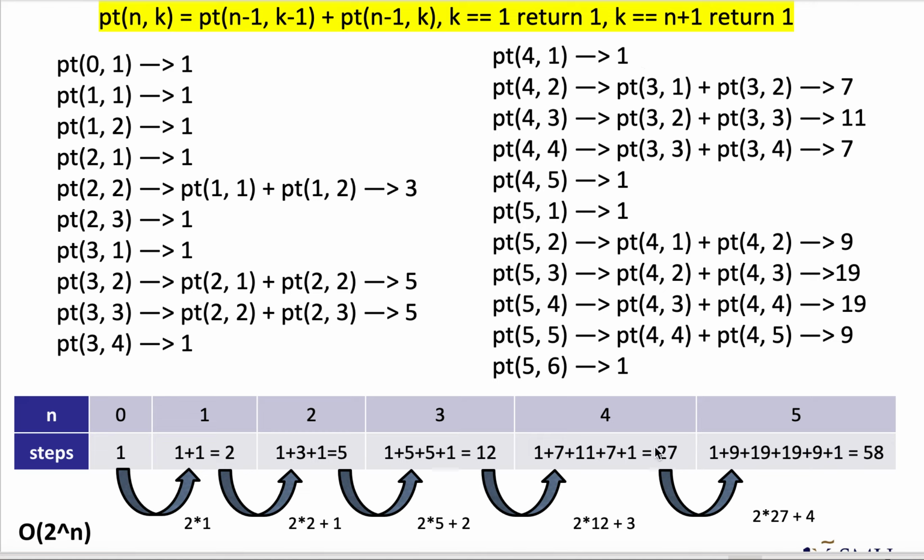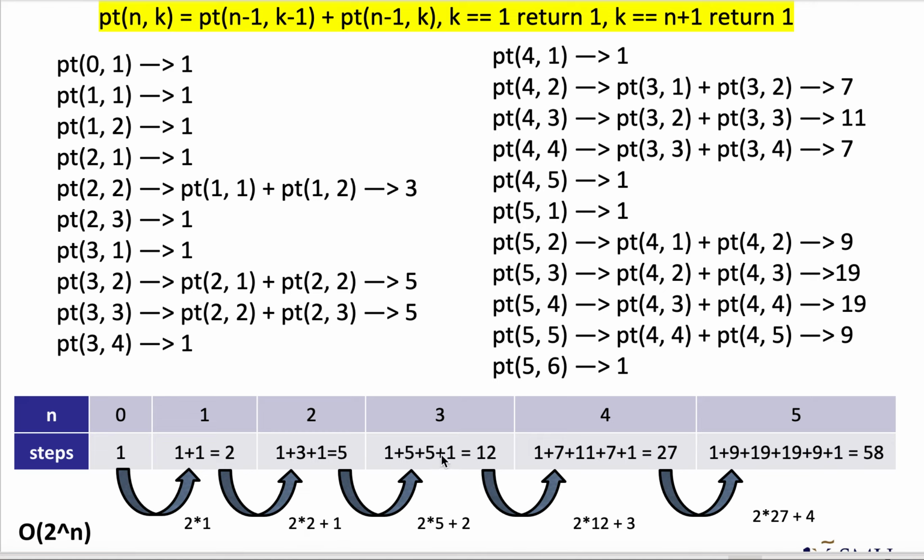So if you now try to see, as the number n increases by 1, you'll notice that the number of steps or the number of operations always increases more than 2 times. If you look at this here, this is 5, which is 2 times 2 plus 1.